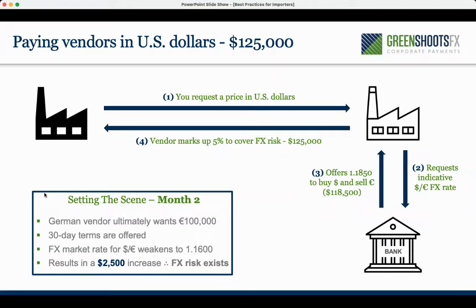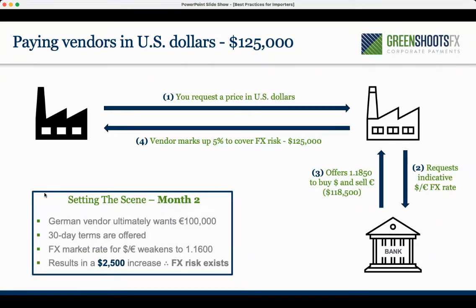The vendor is going to the bank, but the rate this month on this day has moved from 1.14 last month to 1.16, meaning that the bank is now quoting 1.1850 to the German vendor. They will then have to mark that up, which they did last month, and now they're offering $125,000 to you for that same pallet of widgets.